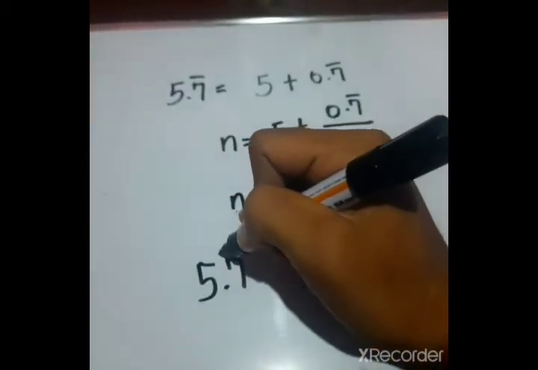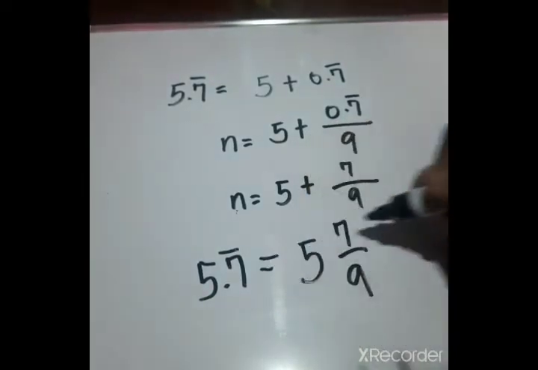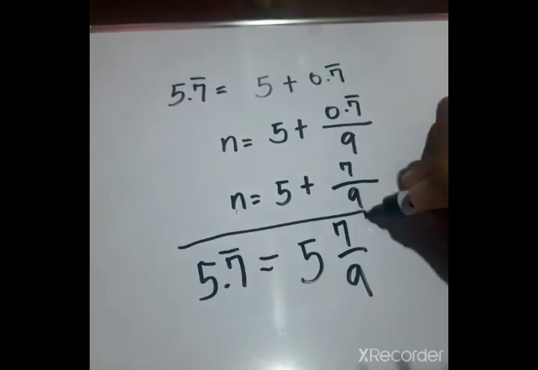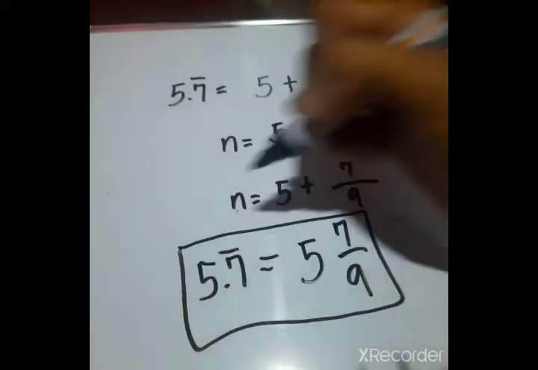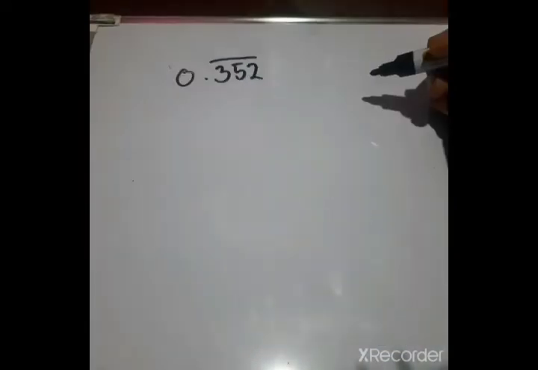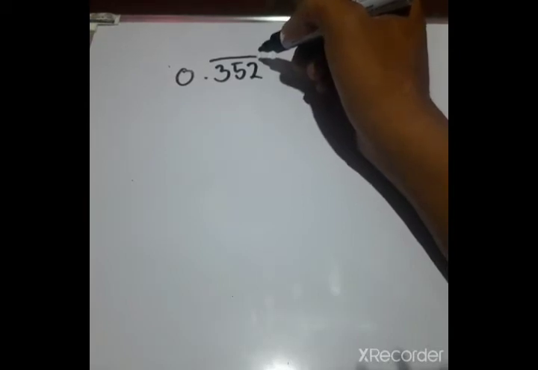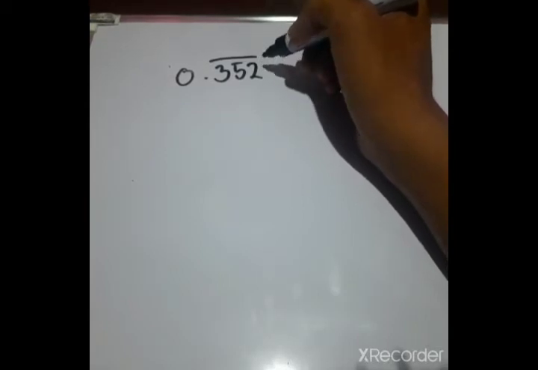So 5.7 with vinculum is equivalent to 5 and 7/9. So there. So let's have another one. Let's try 0.352 with vinculum because this is a non-terminating repeating decimal.